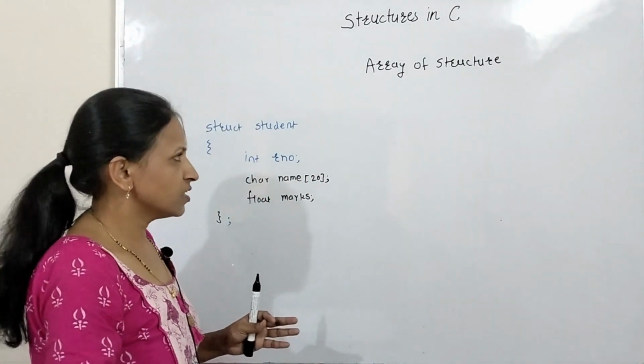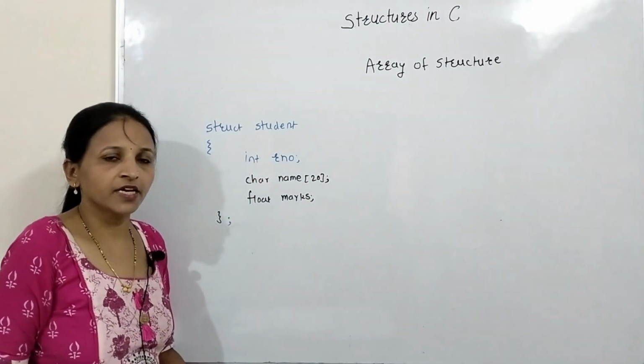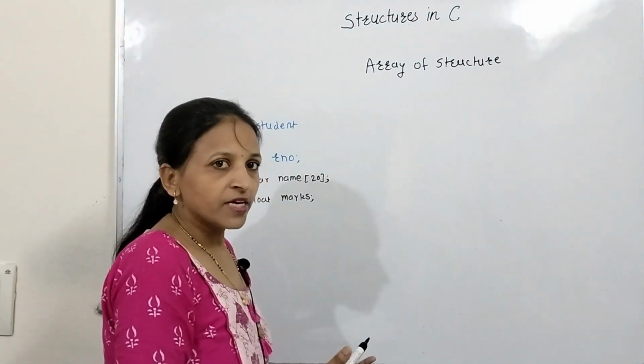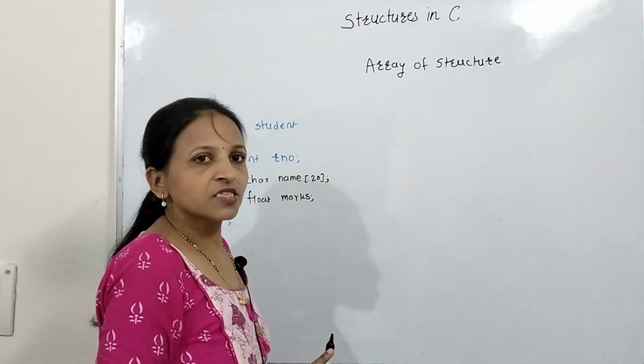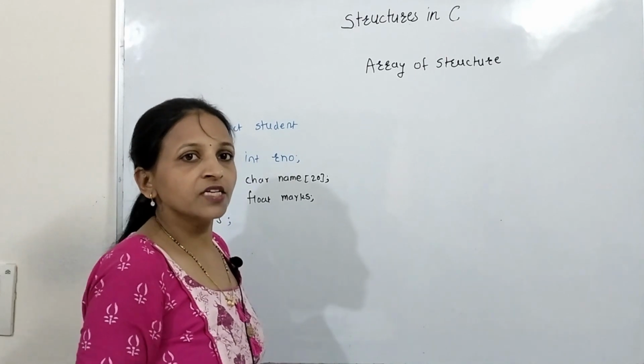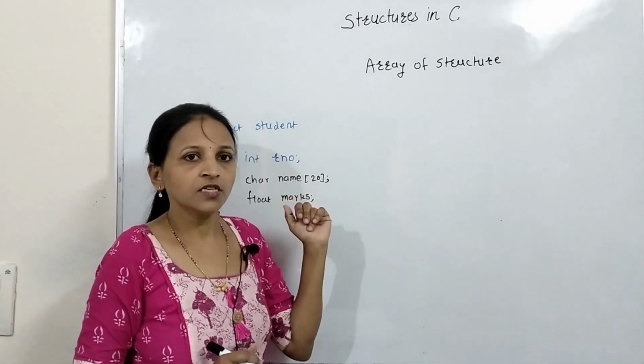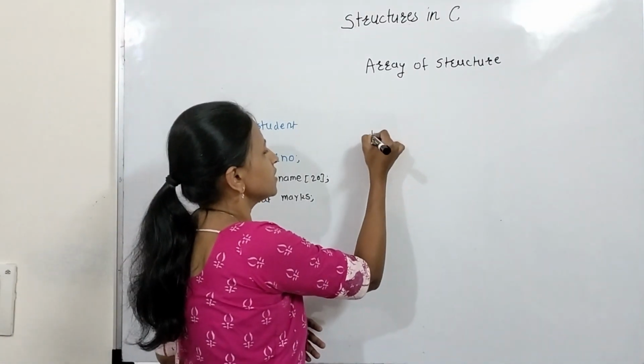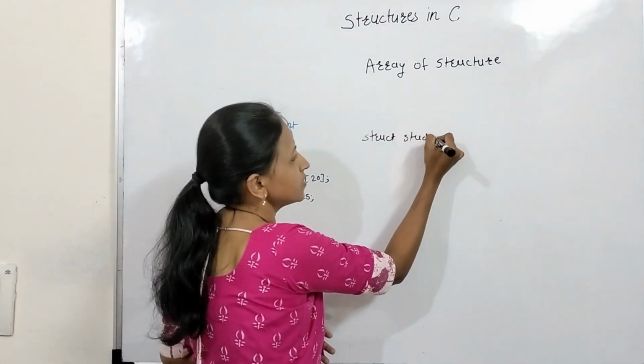How? See, in this just like a integer array. Integer array how we create? We write like int, then name of that array, and in square bracket we mention size. Here instead of int the data type is struct student. Okay, this is only the change. We'll write like this, struct student.